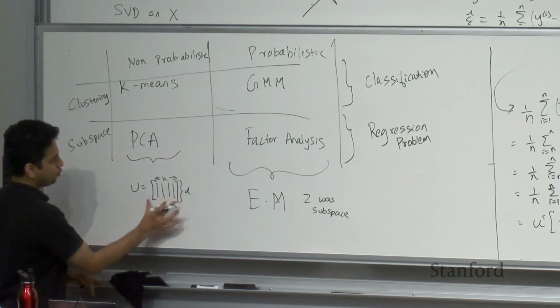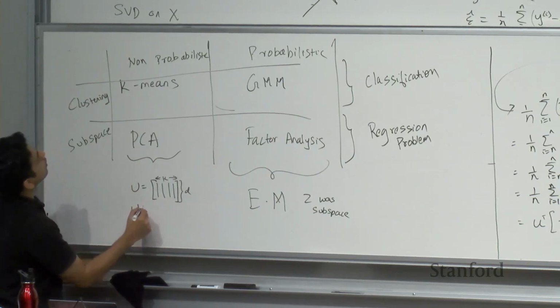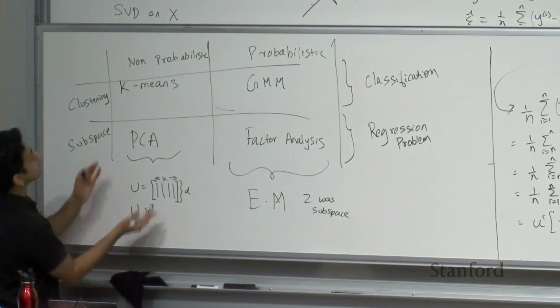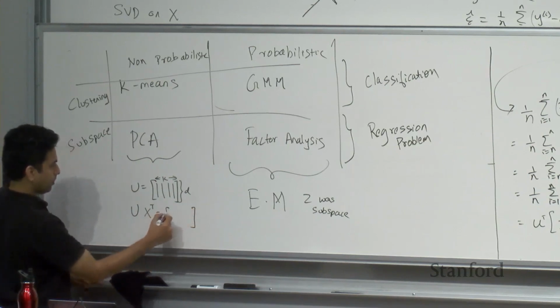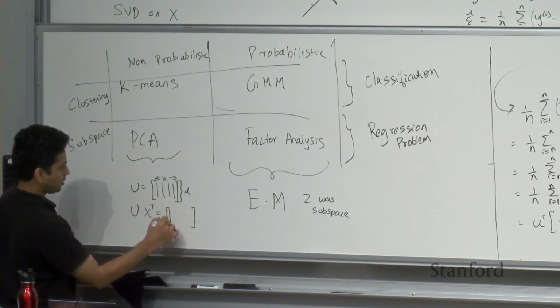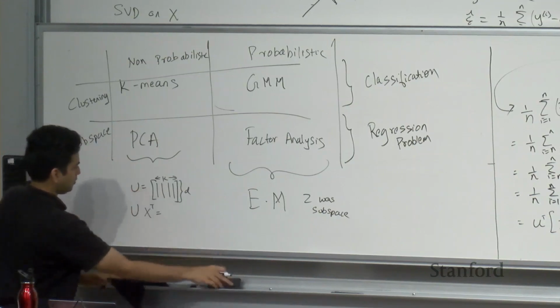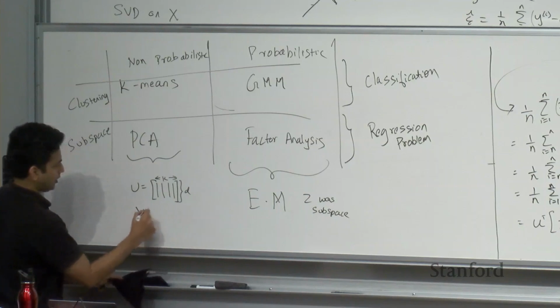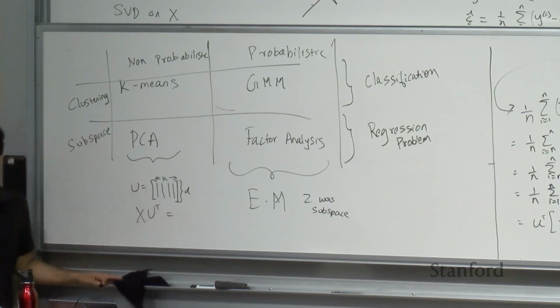And then using this U matrix, X U transpose will give us the projected points of X onto the lower dimensional space. Right? You take the eigenbasis and take each example and multiply it onto U.